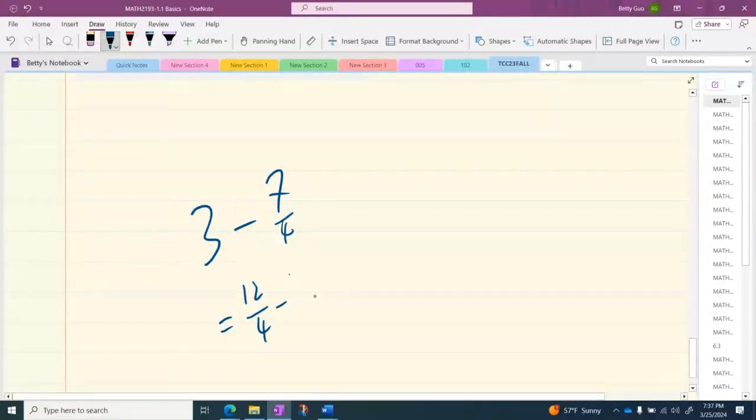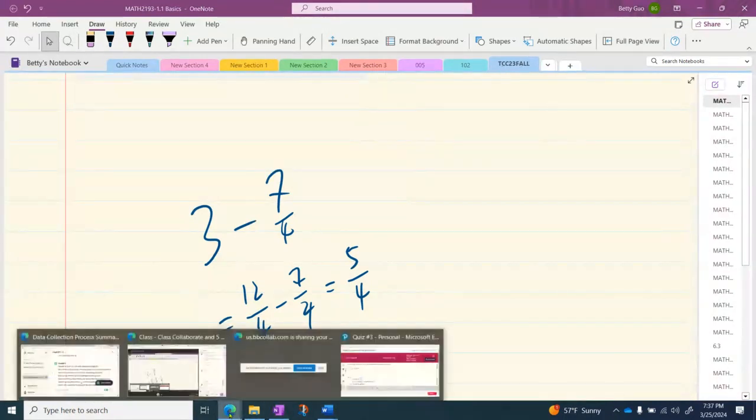Three is 12 over 4. You should do the same thing on your scratch paper. 12 over 4 minus 7 over 4 equals 5 over 4. 5 over 4.